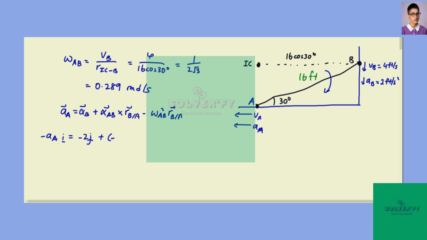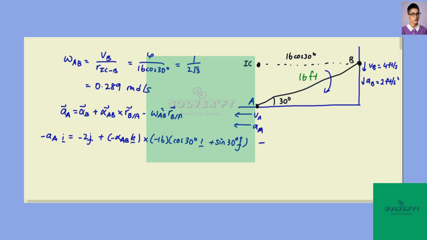Alpha AB is minus alpha AB K, cross RB relative to A, which will be minus 16 cosine 30 degrees I plus sine 30 degrees J. Both are negative, I just put the negative sign out.